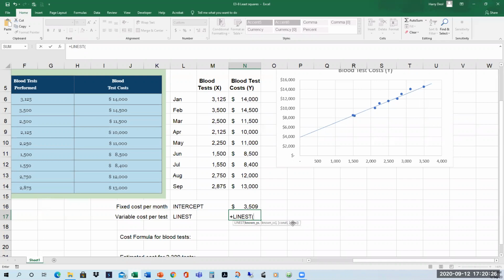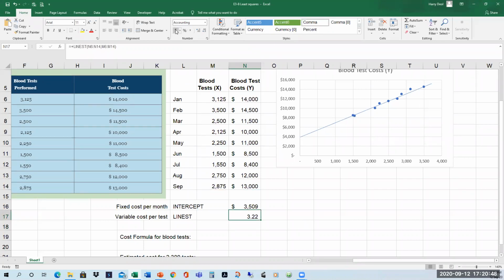We don't really need to worry about these rest. We just need to put in the known Ys, comma, the known X's, and close. Press enter. Now, if you press enter, initially it might show up as 3.22.